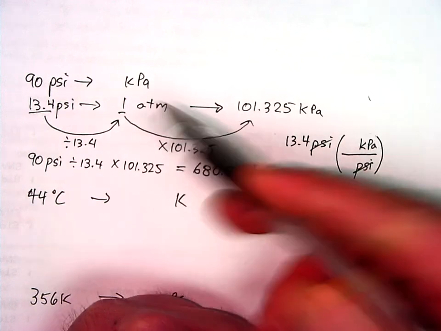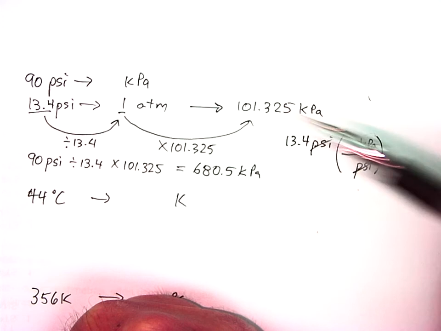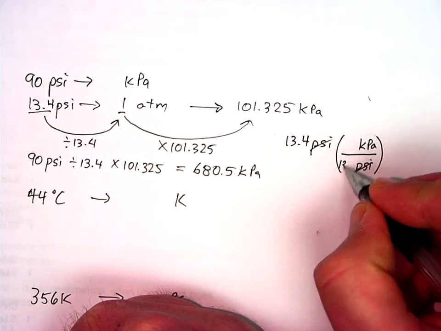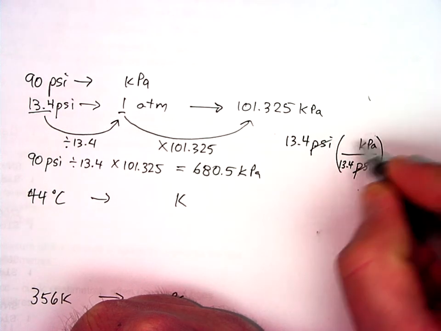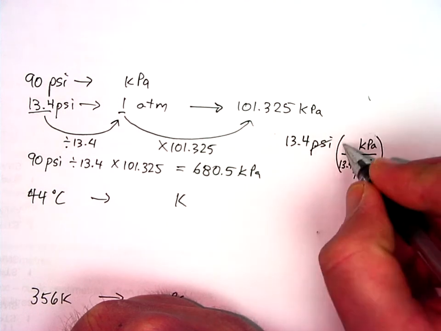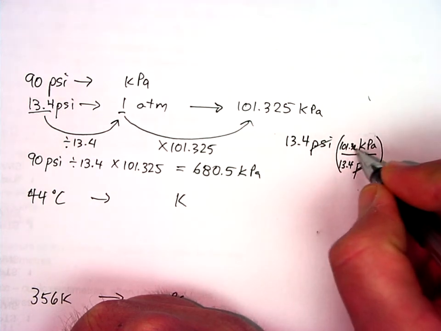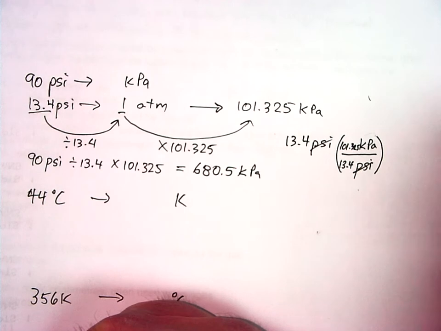So if I just look at these, I can actually see it right away. This is 13.4. That's an atmosphere. This is all the atmospheres here is 101.325, okay?